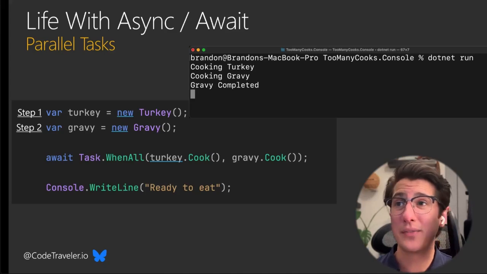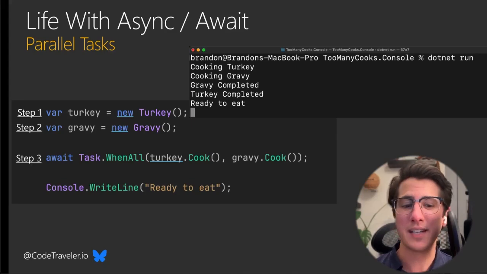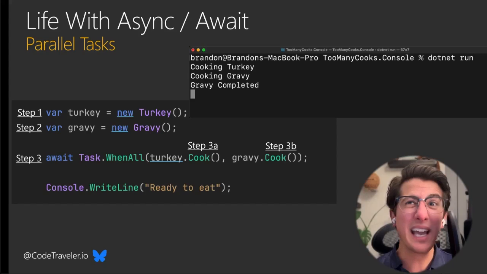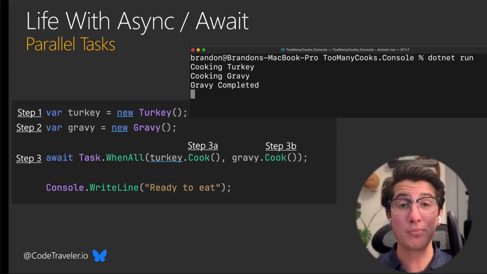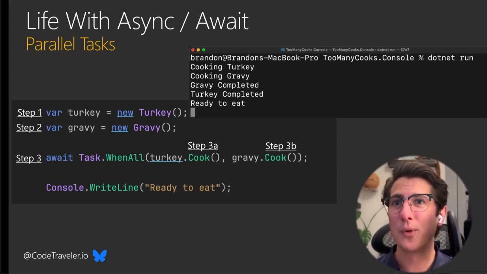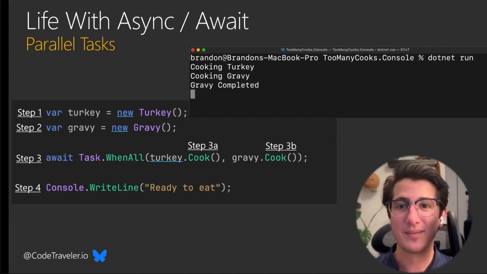We initialize the gravy object, step 2. And step 3 is when we await Task.WhenAll. So really what's happening here is there's a step 3a and 3b that are both running on background threads under the hood, and we're waiting for both of these to finish before moving on to step 4, where we say that we're ready to eat.